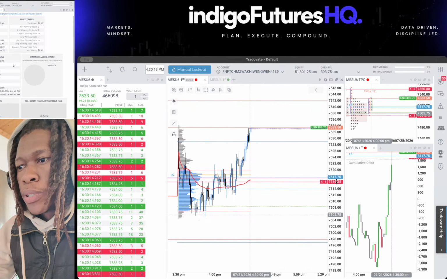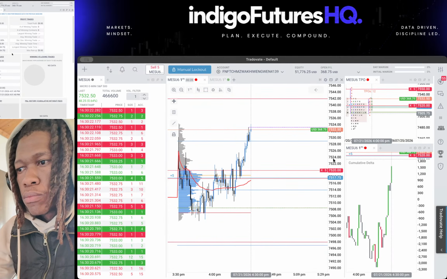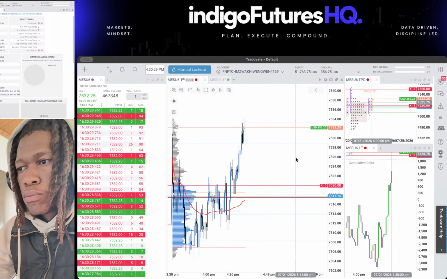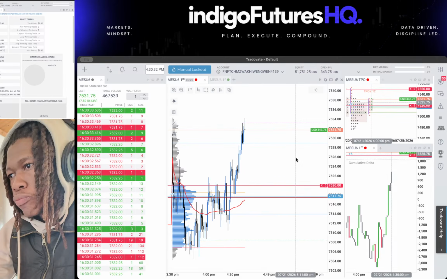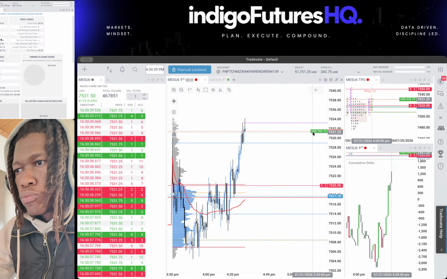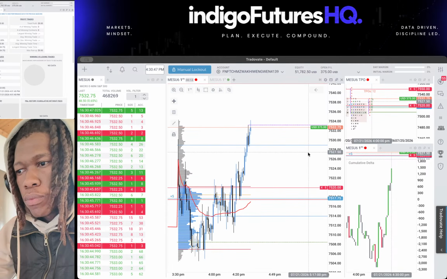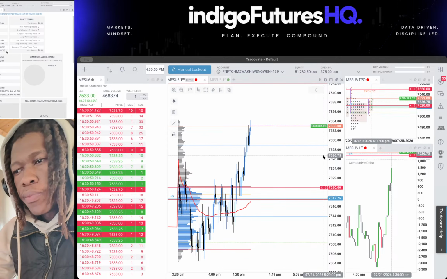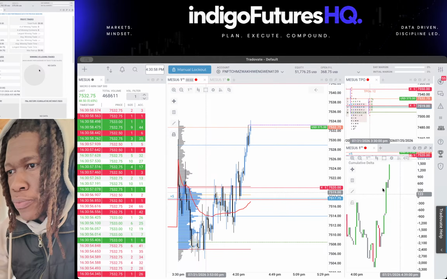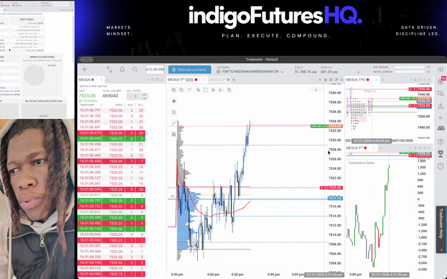No need to put this much risk on. CVD is also pretty strong, so is this going to be a break and retest?